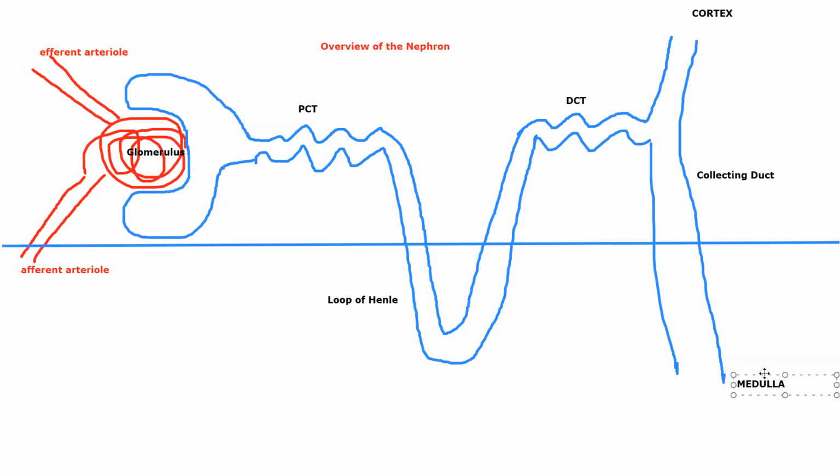Alrighty. Okay, so we're going to go through here part by part, and I'm going to speak about important things that we want to point out for each of these areas.